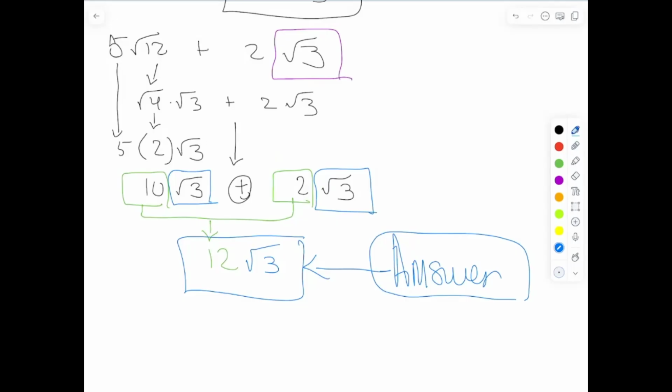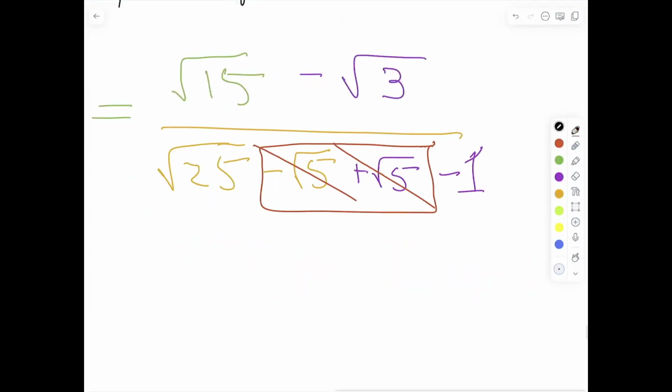Now I got this. Do I have common terms? Can I cancel these right here? I have a negative square root of 5 and a positive square root of 5. Can they just go? Yes. They could go bye-bye. So now I have a numerator of square root of 15 minus square root of 3.